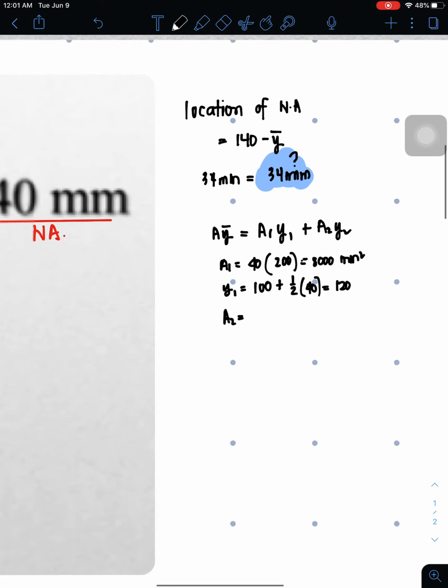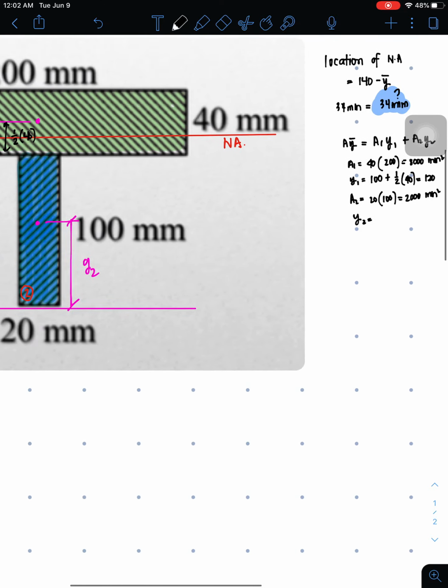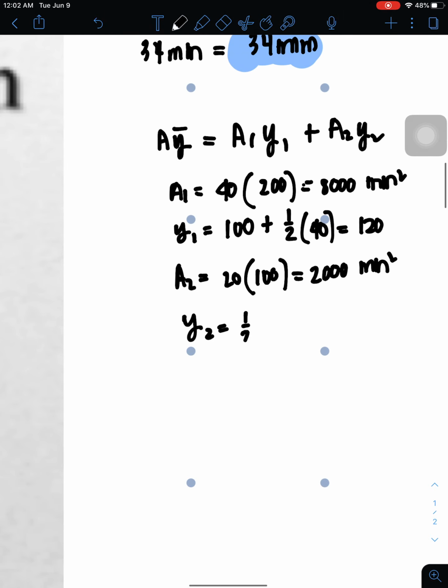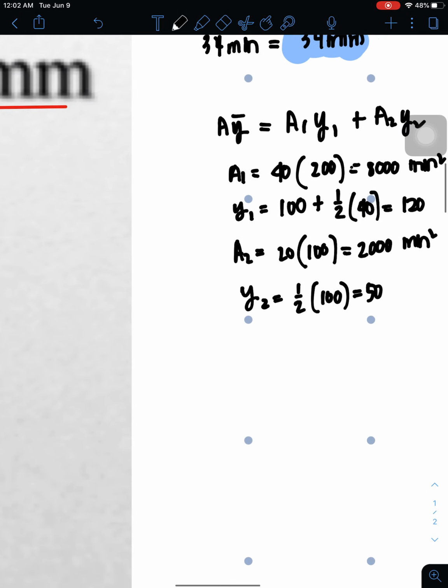And then our area 2, it's 20 times 100. So this is 2,000. And then Y2 is 1/2 of 100, and that's 50.